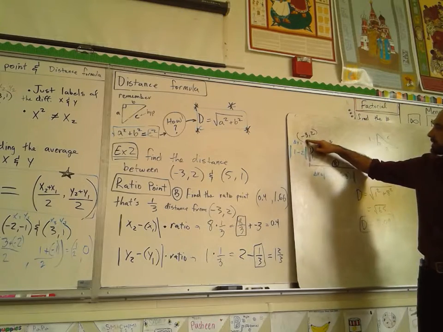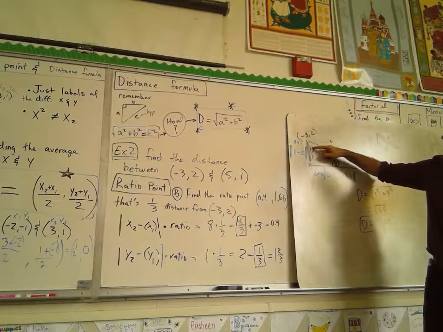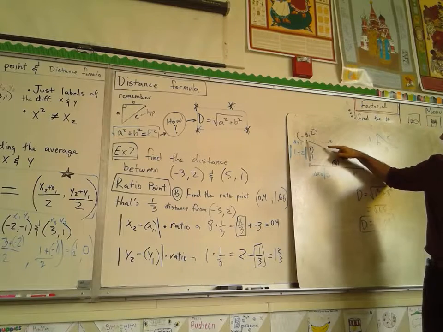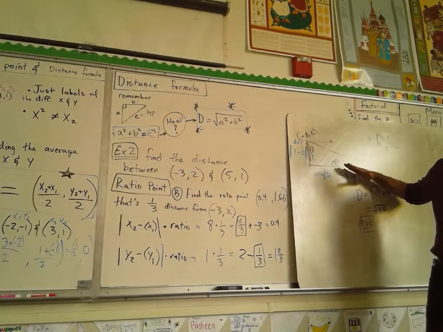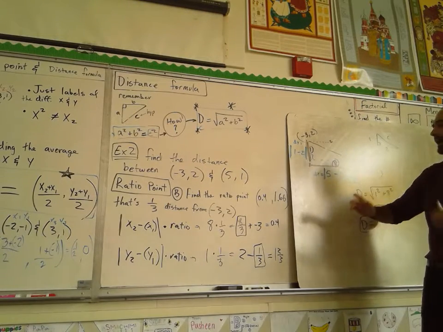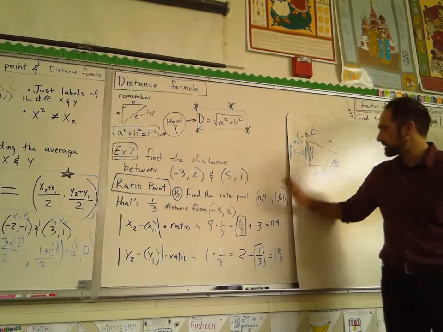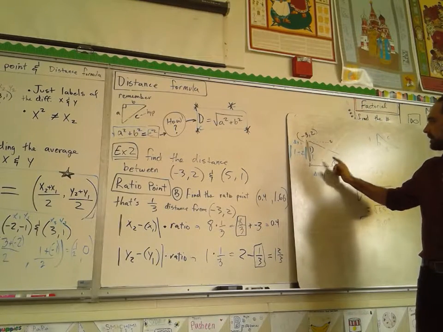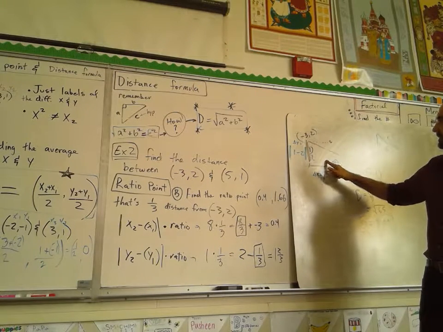Since I know it's on this line, here we're up at 2, so I have to move down 1/3 for the y's. For the x's, we had 8, so 8/3 is how far I need to move over. So I'm going to take my -3 and add 8/3. That gets me my other coordinate.